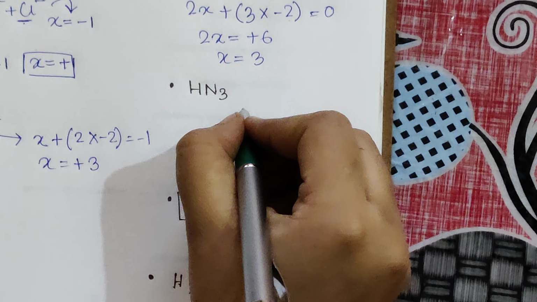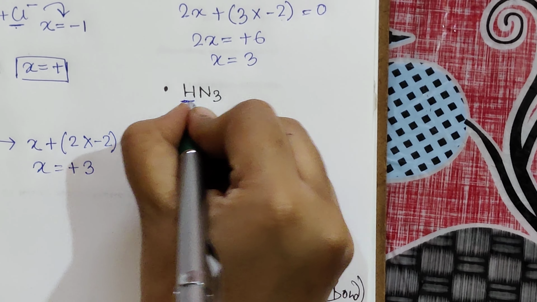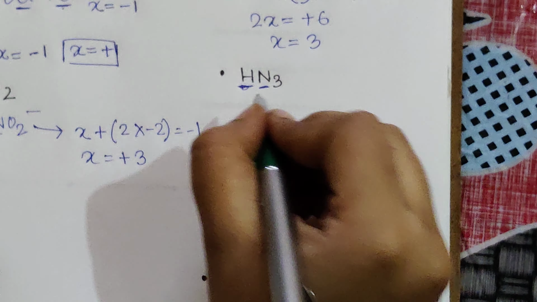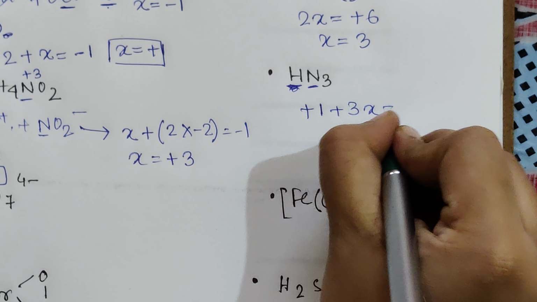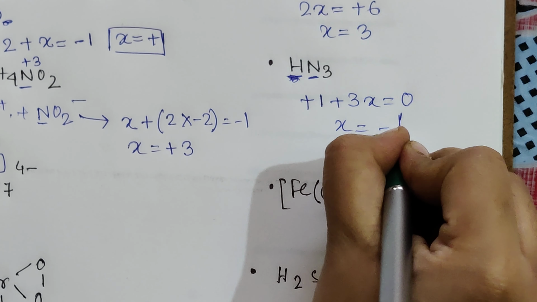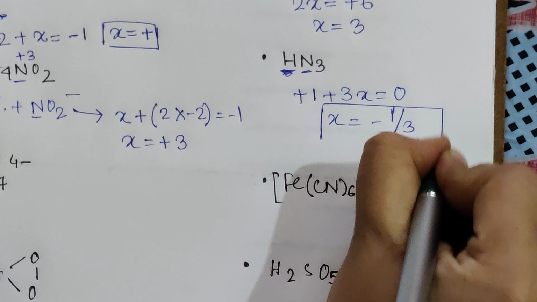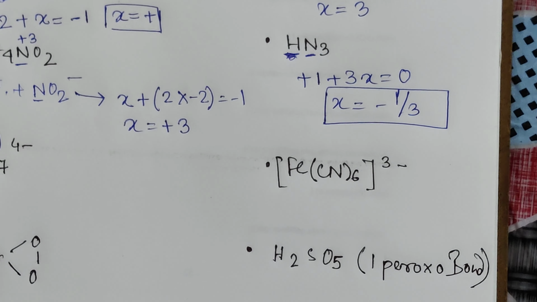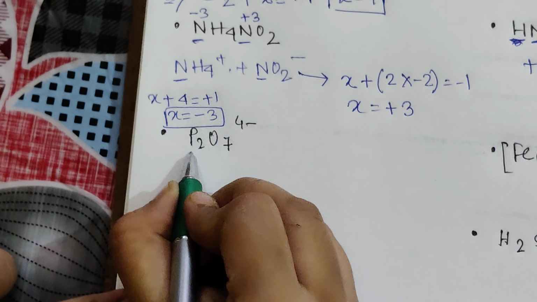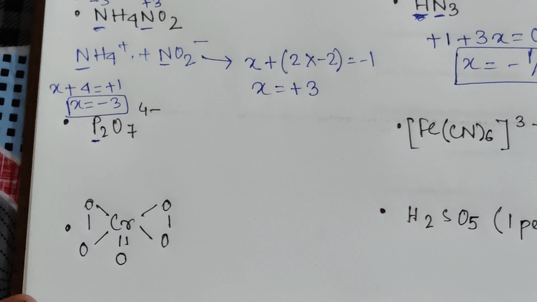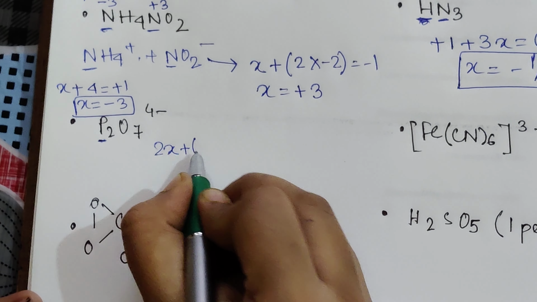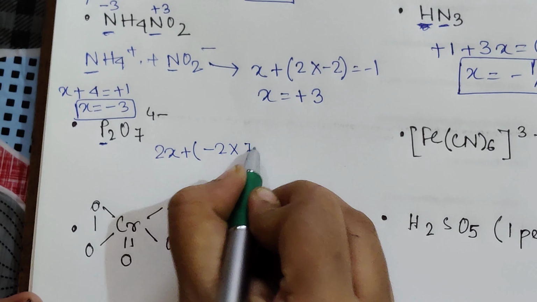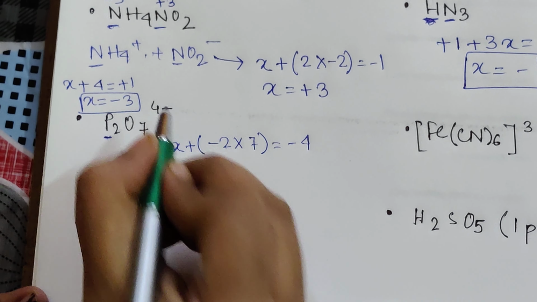Similarly, here we want to find the oxidation state of this nitrogen. So we say +1 plus 3x equal to 0, so x equals -1/3. So it is negative and also a fraction. Similarly, to find the oxidation state of potassium, we take 2x plus (-2 into 7) equal to -4, that is the total charge.